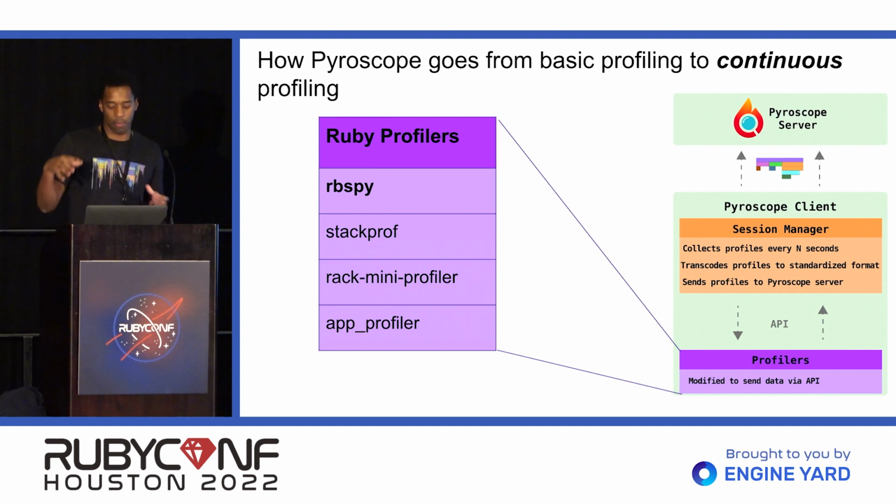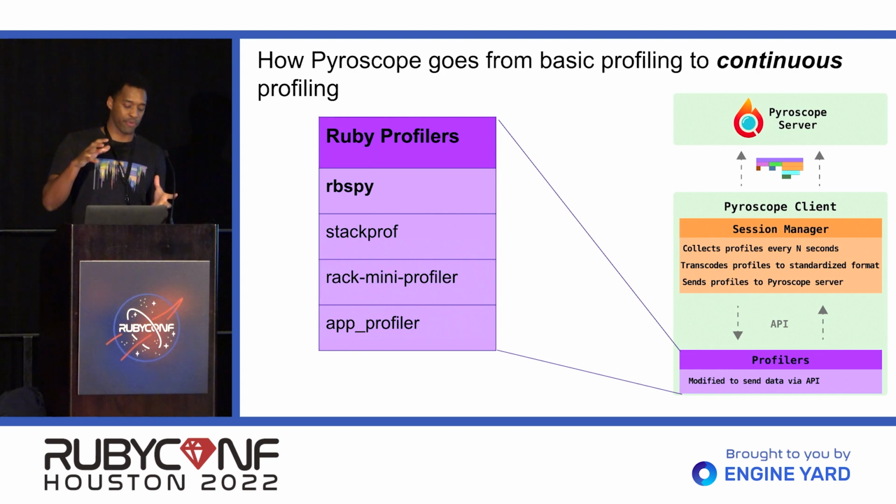And so how Pyroscope works is taking these profilers, basically using a component called a session manager that will determine how often to collect the profiles, turn the profiles into some sort of standardized format, and then send those profiles to the Pyroscope server, where a bunch of compression and efficiency operations are done so that you can both store the data efficiently and then query the data back efficiently.